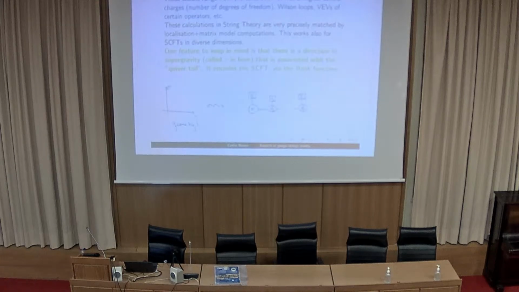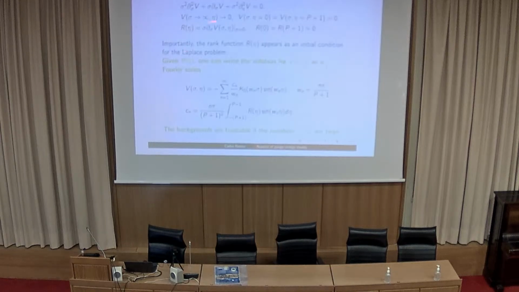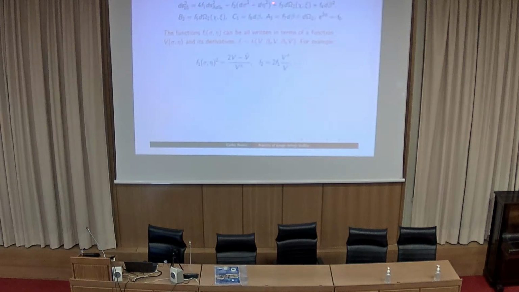Another thing I would like you to keep in mind is that somewhat the geometry of the holographic dual is encoding the field theory in this direction eta, because it's the direction I'm using to label the rank function and use it as initial condition. So there is one direction in the holographic dual, this one, that I will refer to as the field theory direction. This interpretation will come towards the end of the talk.